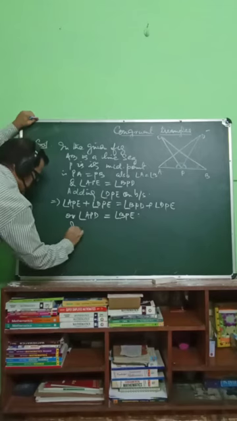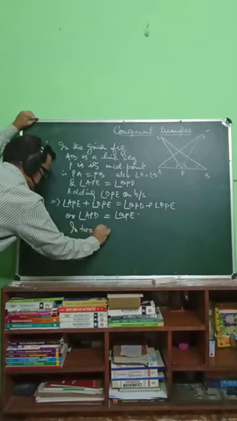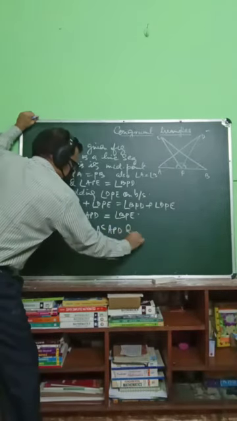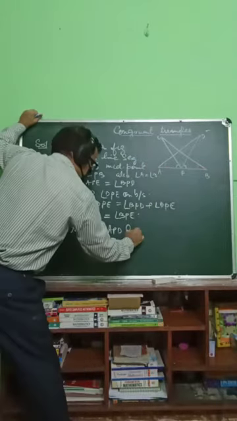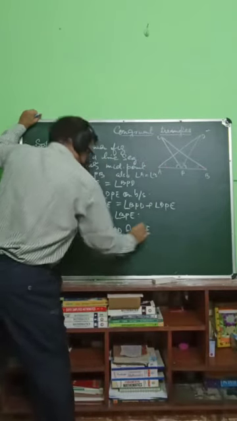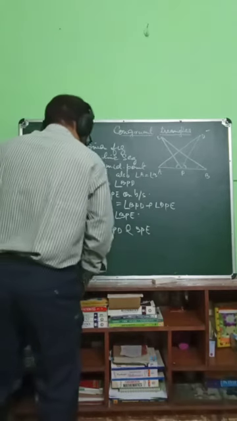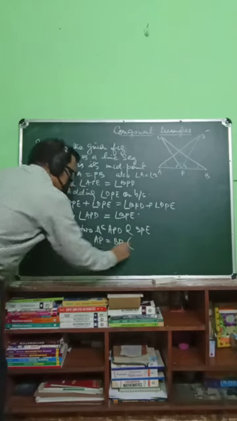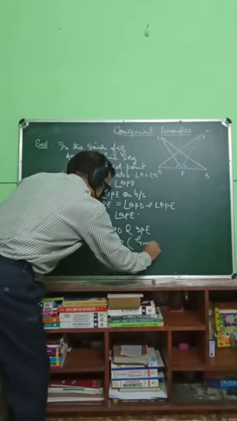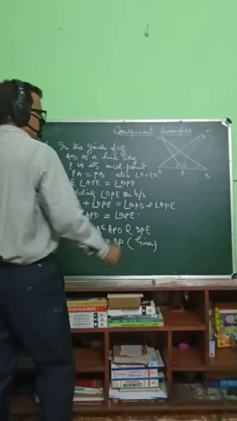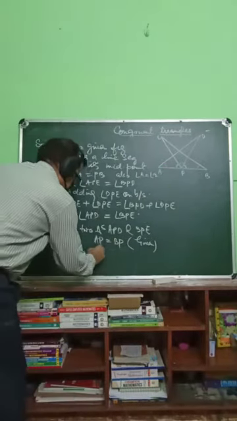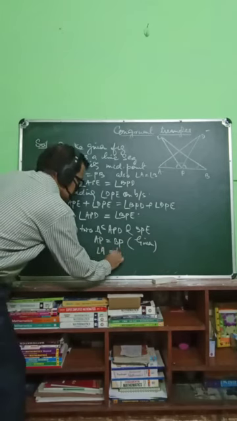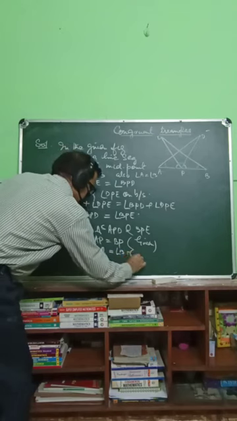Now in two triangles APD and BPE, AP is equal to BP. That is given because P is the midpoint. Then angle A is equal to angle B, this is also given.